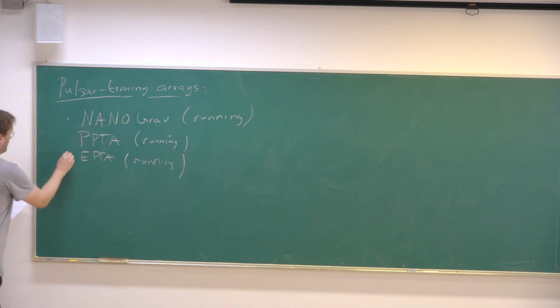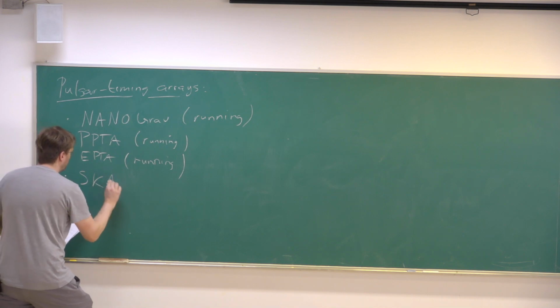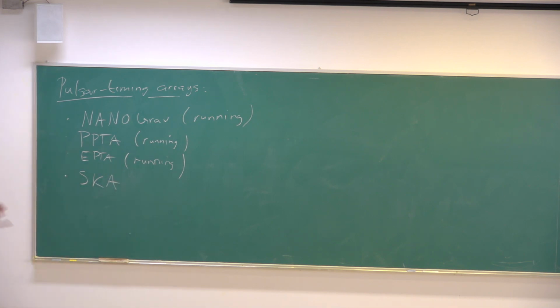And then there's something that will come up also in this decade. This is the so-called Square Kilometre Array. This is actually an observatory, whereas these were collaborations. But in the plots that I will show, they use this label for some kind of pulsar timing array using the SKA.